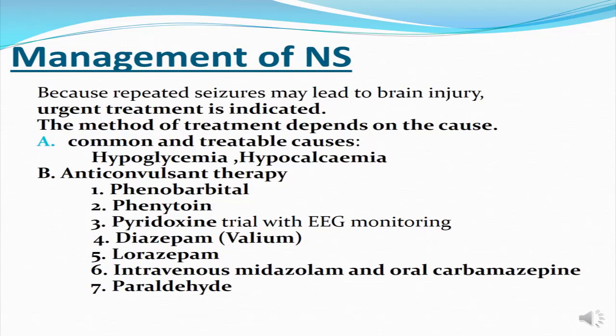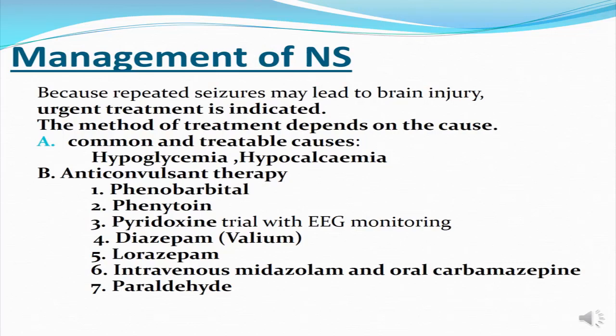If there is no common or correctable cause, and the patient is still convulsing, we need to give anticonvulsant drugs, and still phenobarbital is the drug of choice for treatment of neonatal seizure.